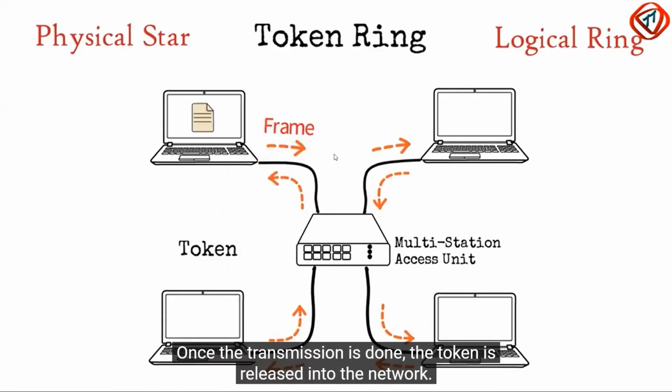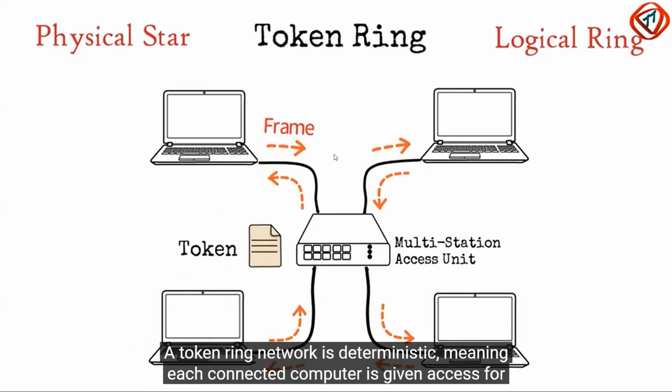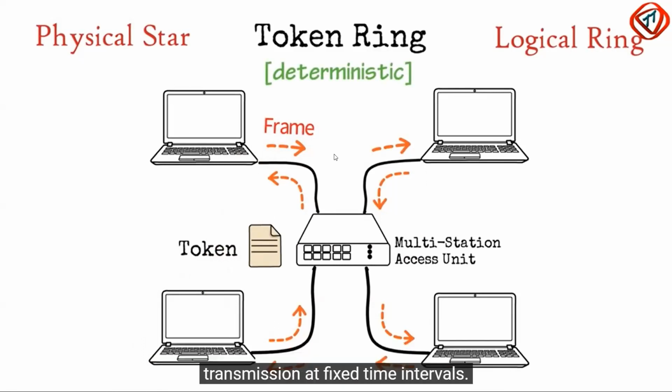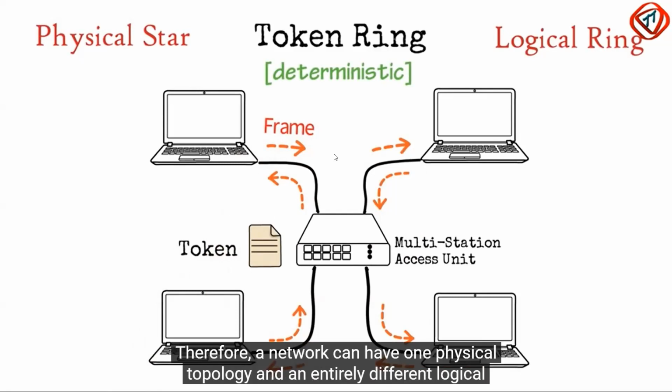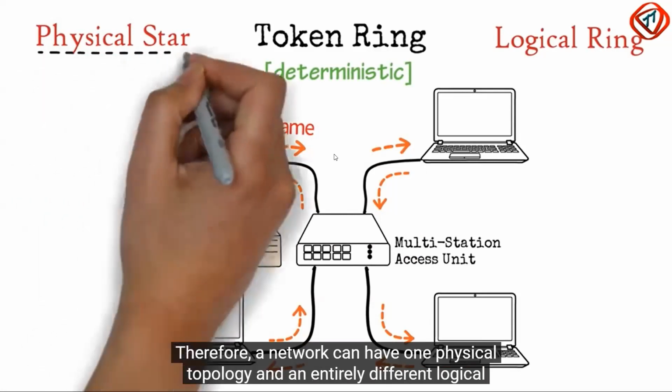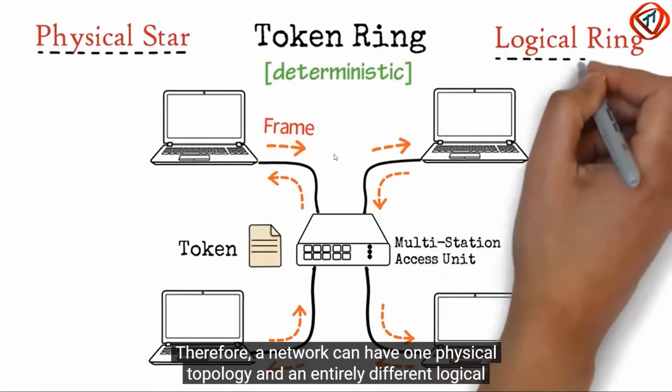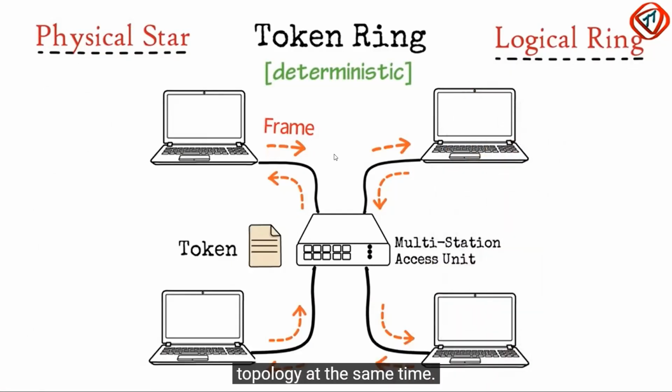Once the transmission is done, the token is released into the network. A token ring network is deterministic, meaning each connected computer is given access for transmission at fixed time intervals. Therefore, a network can have one physical topology and an entirely different logical topology at the same time.